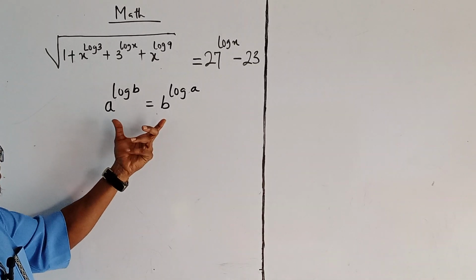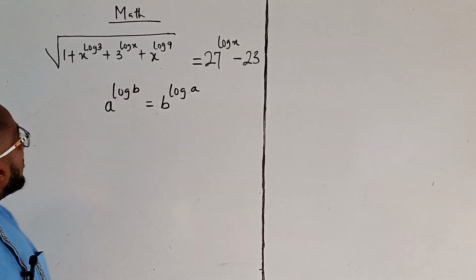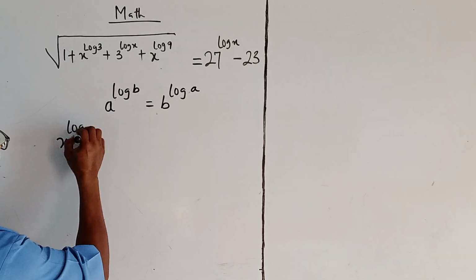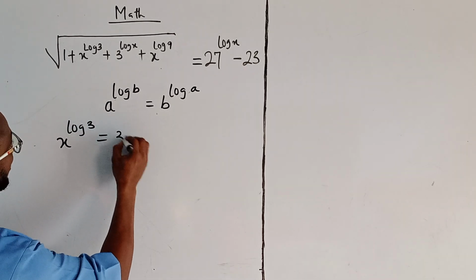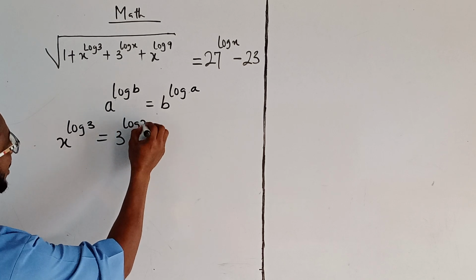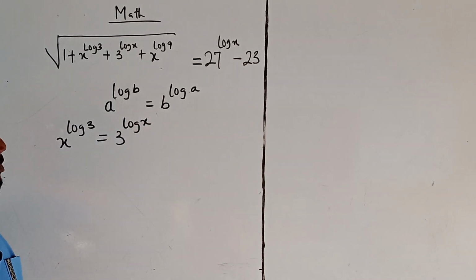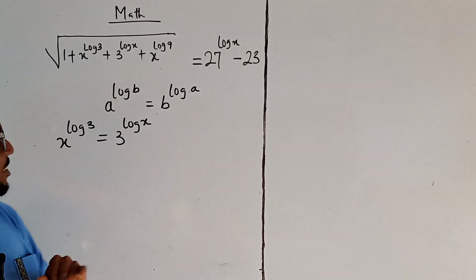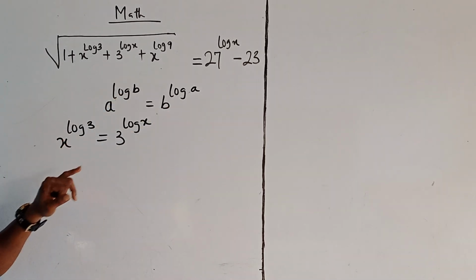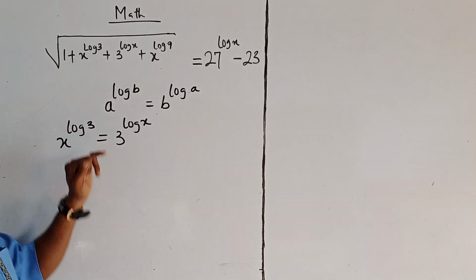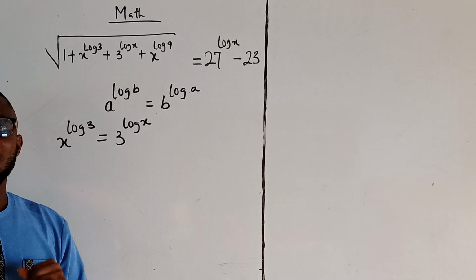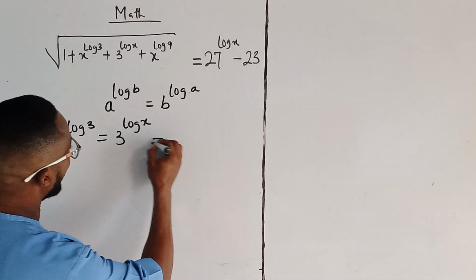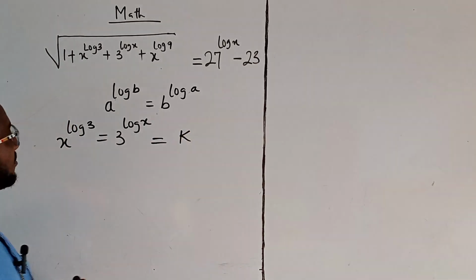So with this fundamental theorem, I can now say s power log 3 is equal to 3 power log x. So a power log b is equal to b power log a. So s raised to the log of the argument 3 is equal to 3 raised to the log of the argument x. And I shall call this k.